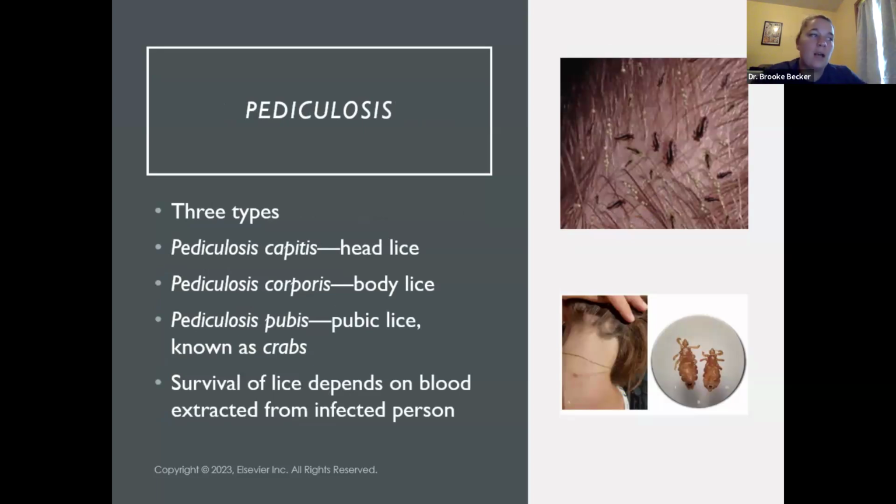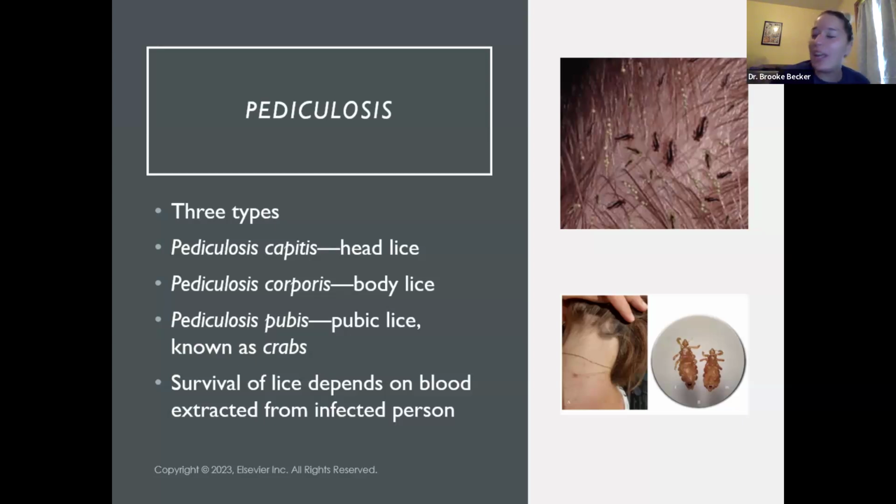Survival of lice depends on the amount of blood that they're extracting from that person. So lice has to have a blood source. If somebody brings home lice and it ends up in your carpet, now I see you guys are all itching your heads because we're talking about lice.